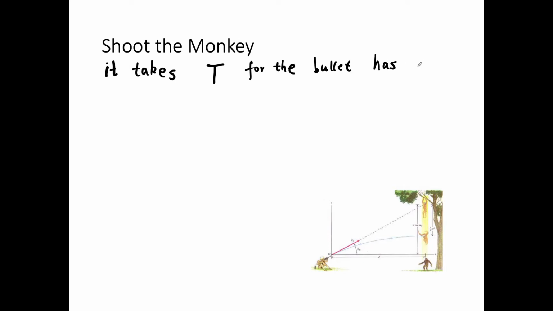It takes time t for the bullet to travel to the same x coordinate as the monkey. Basically, when the bullet gets to anywhere along this line, that's the same x as the monkey. So, of course, the x coordinate of the bullet is going to be d.